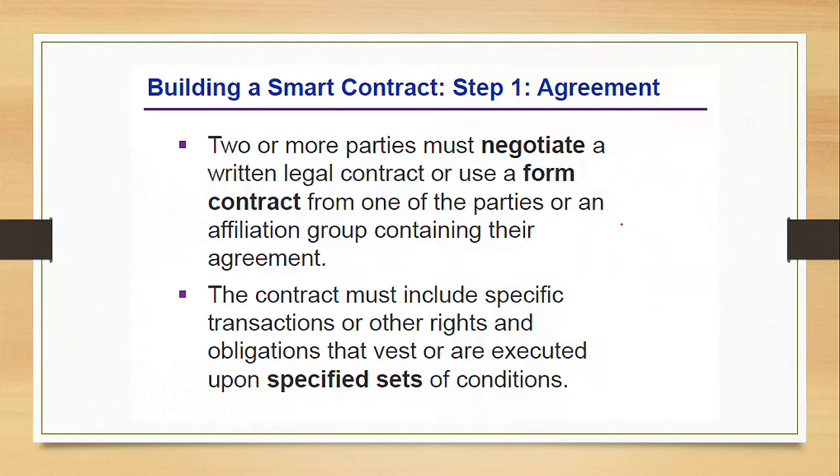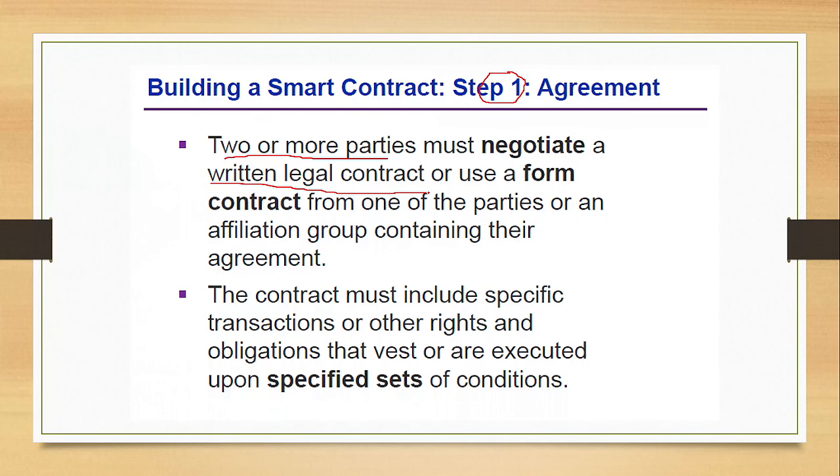So let's look at step 1 on building a smart contract. Ideally, we need to have 2 or more parties that will form what? The agreement. So the 2 or more parties come together, as you have seen. They negotiate. They have to write some legal contract. So maybe what you need to understand is that when you are talking about smart contracts, we also need to have some kind of human-like contract.